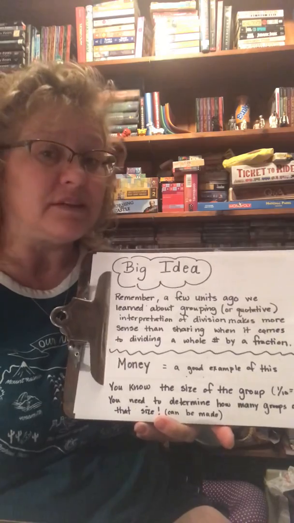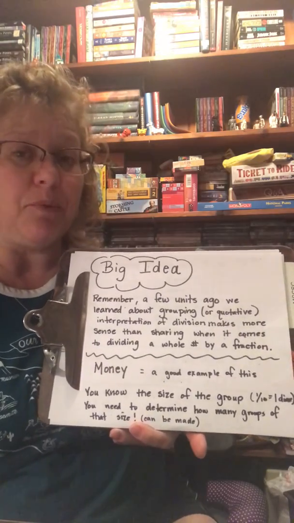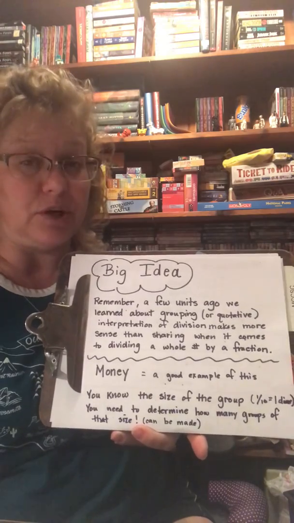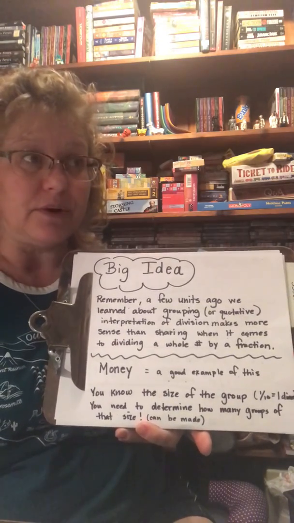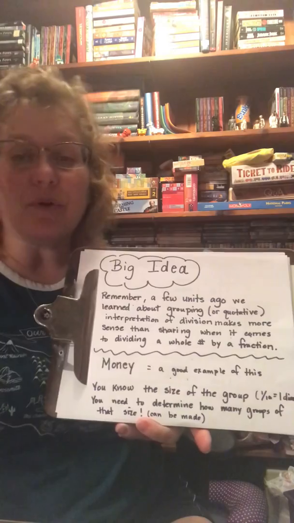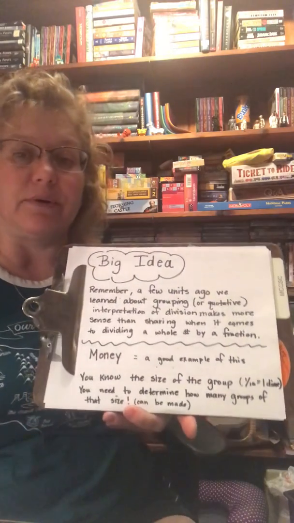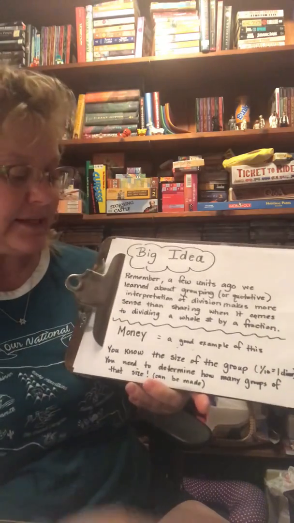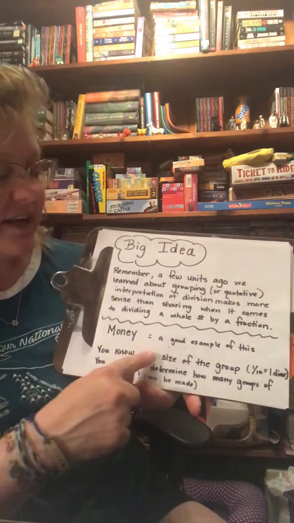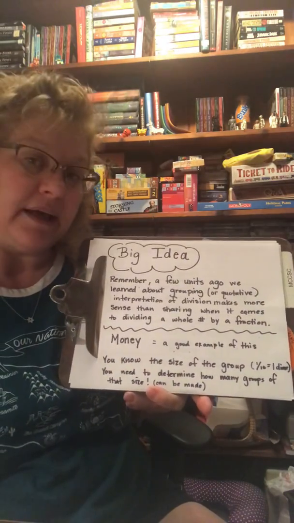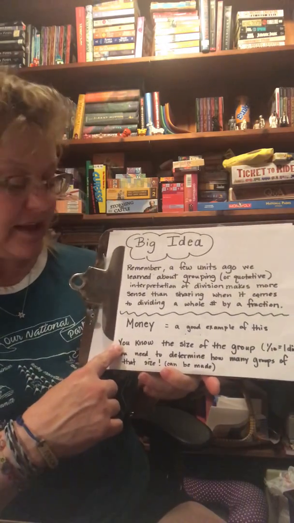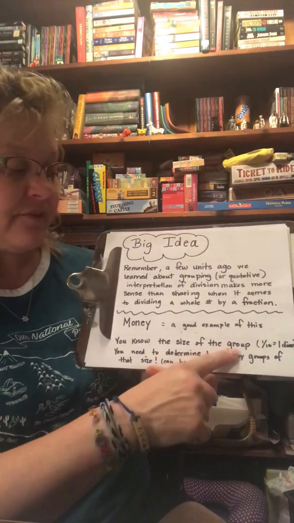You might remember at this point that we did take out our GeoBoards, and if that is something that helps you on your iPad, get out your GeoBoard app, all right? So take what you know, look for the whole picture, and divide it down. So if that's a way that can help, use that tool, all right? And again, we're using money because it's a really good, easy way to find an example of this, all right? And basically, you know the size of the group.